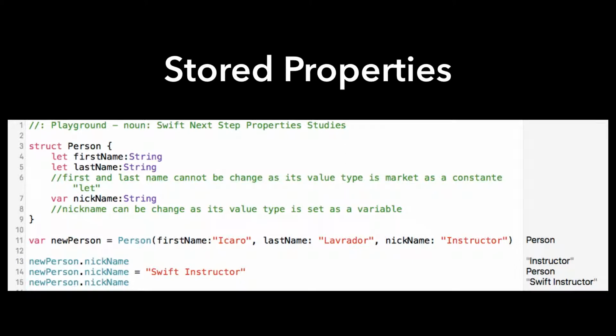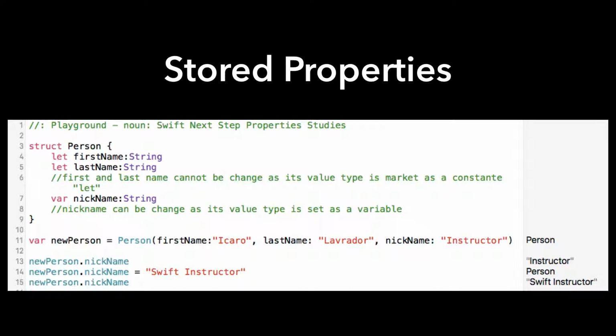Structs give us nice initializers. So when we declare a person, a struct creates an initializer for us where we can pass the values for our stored properties. So you can see here I am declaring a person, giving the first name as Ícaro, the last name as Lavrador, and the nickname as Instructor.